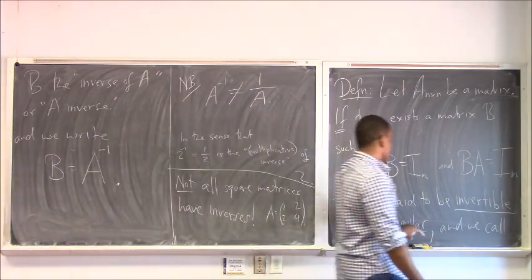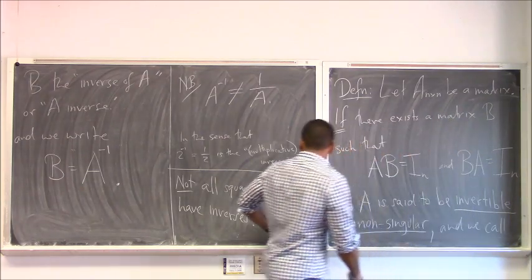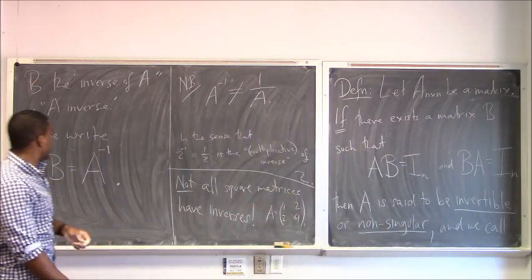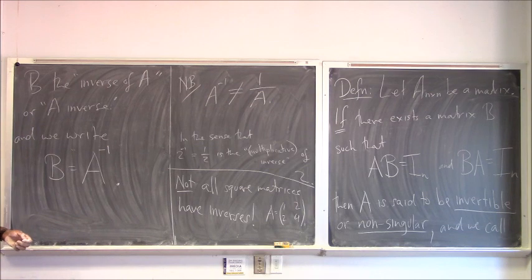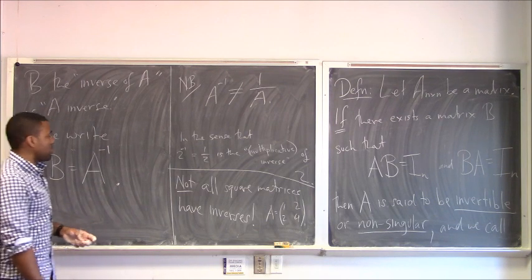Next time I'll tell you how to find these. There are two main ways to compute inverses. There's a row reduction way and another way, but I won't have time to show you those here.